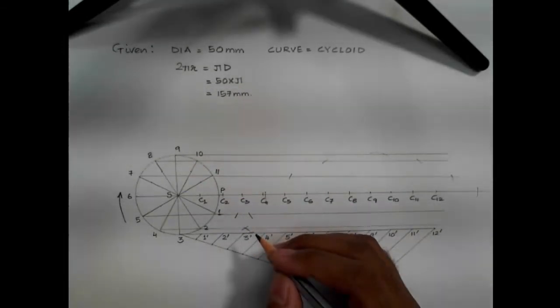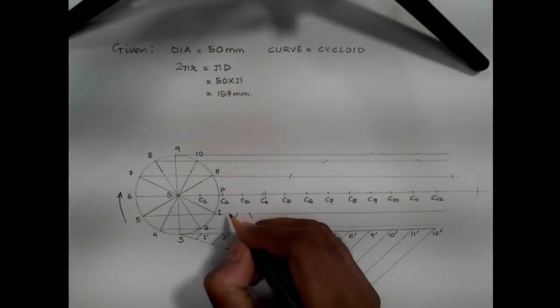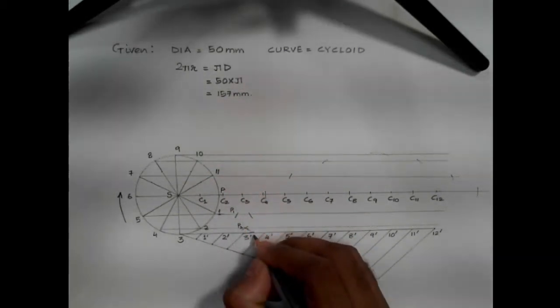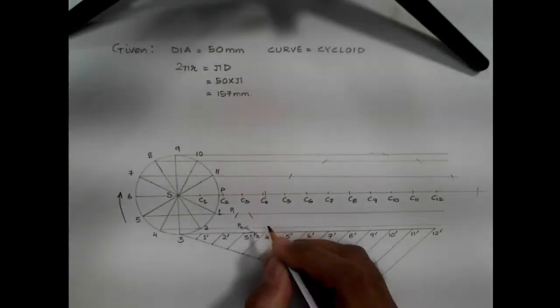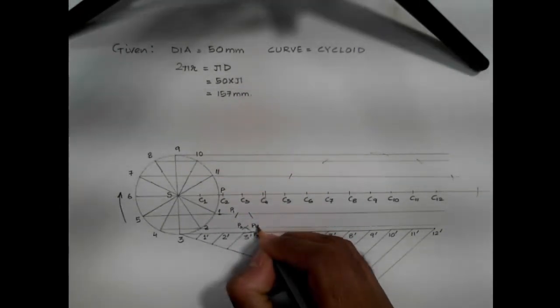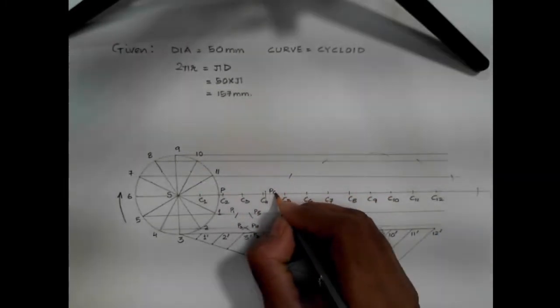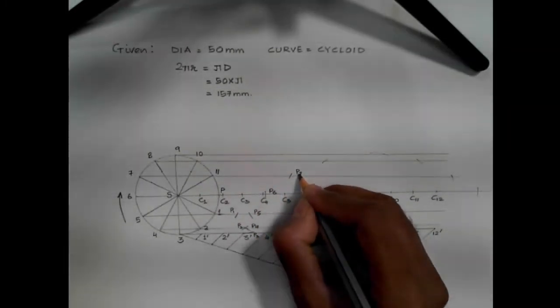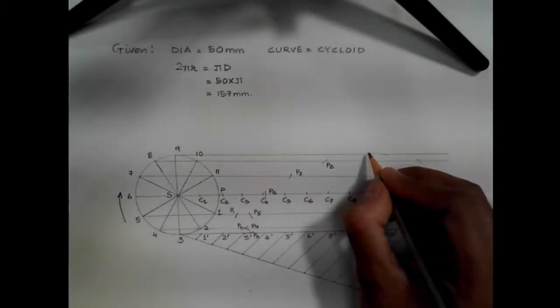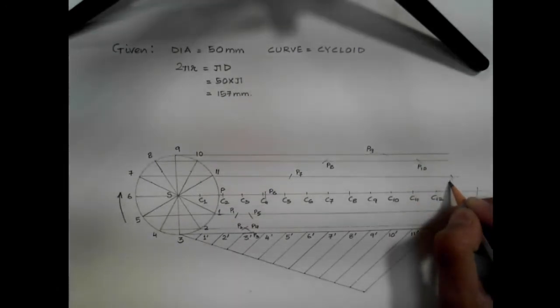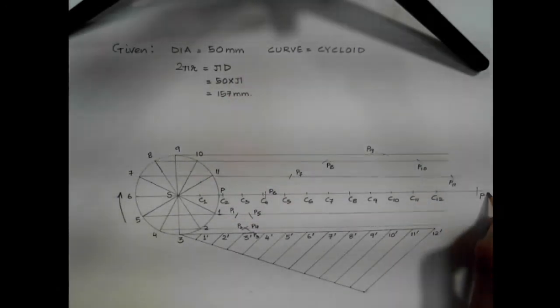So let us name it. This is P1, this is P2, this is P3, this is P4, this is P5, this is P6, this is P7, P8, P9, P10, P11, and this is P dash.